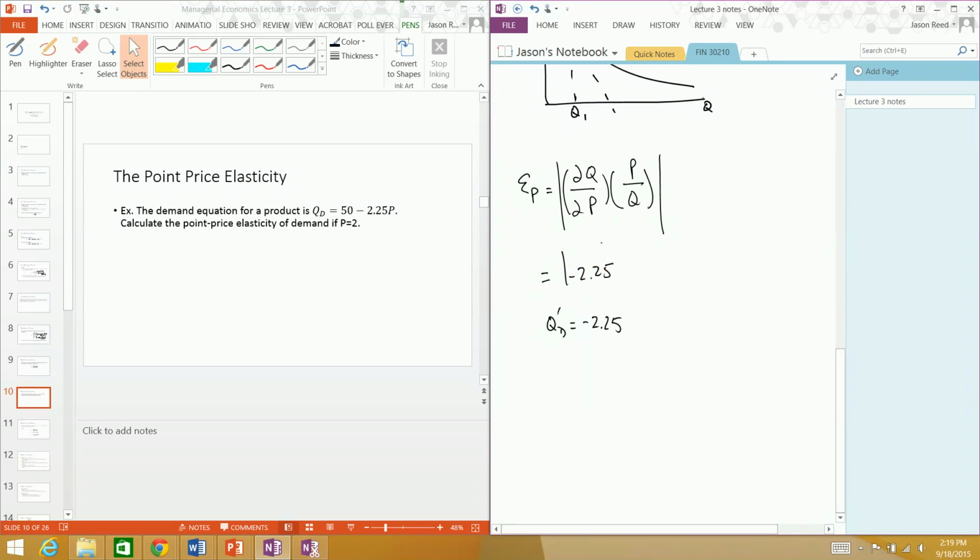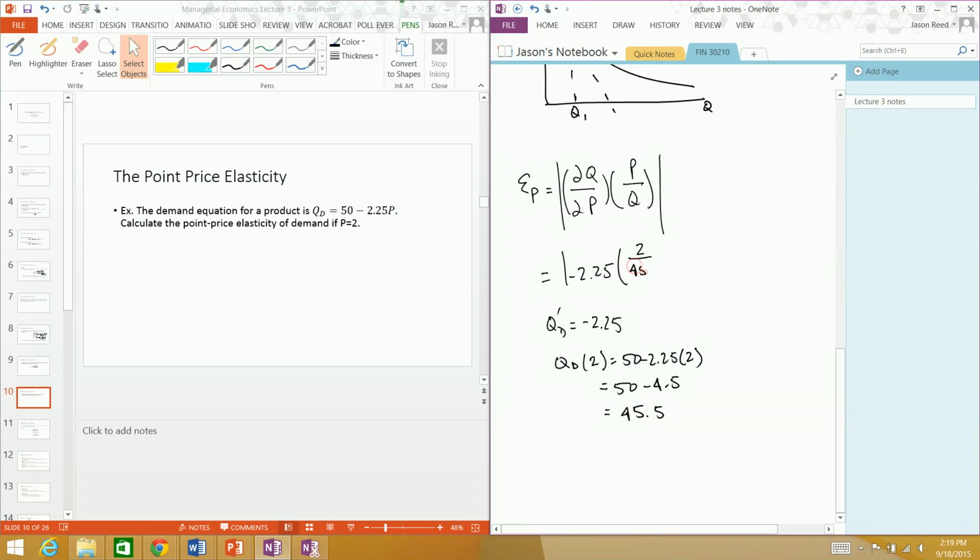And then we're going to plug in for price. We know price is going to be 2. But at a very specific quantity demanded, when price is 2, quantity demanded is 50 minus 2.25 times 2. So we get 50 minus 4.5, so we get 45.5.